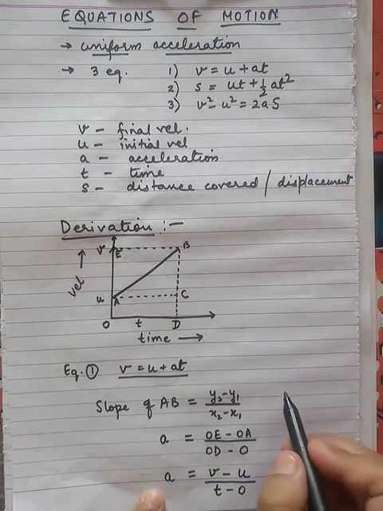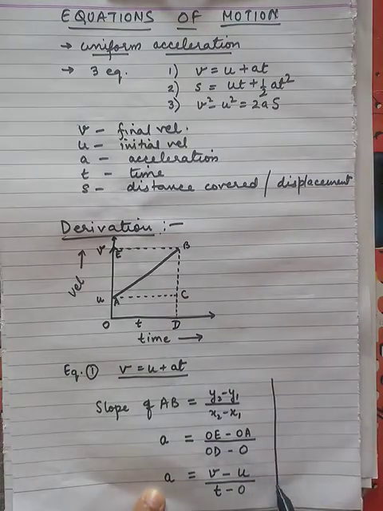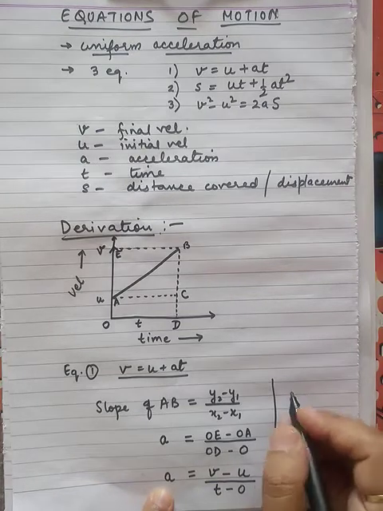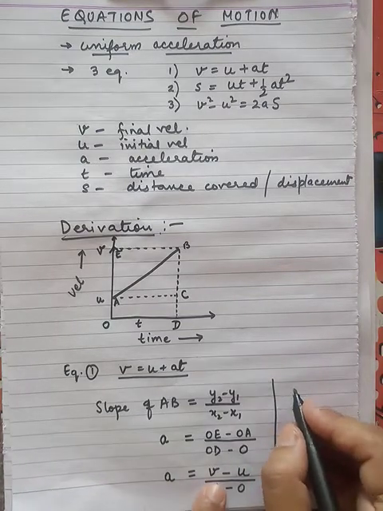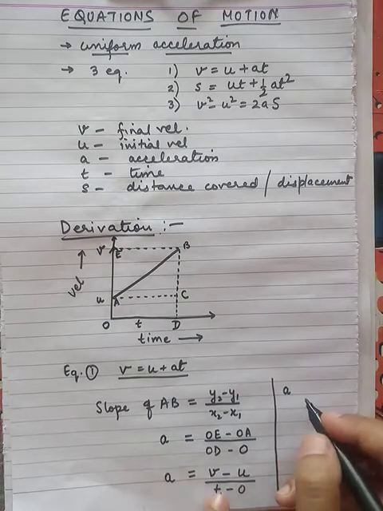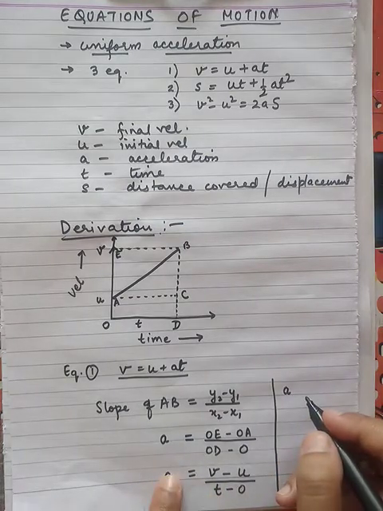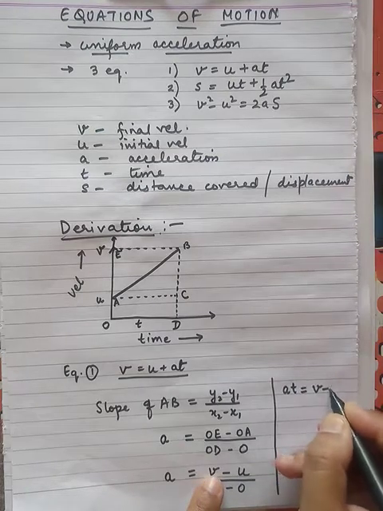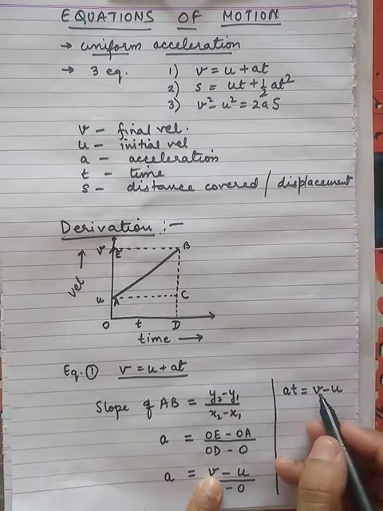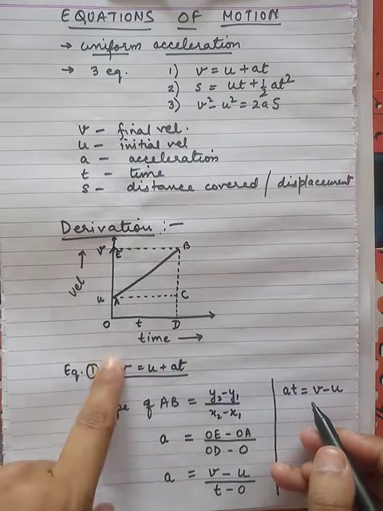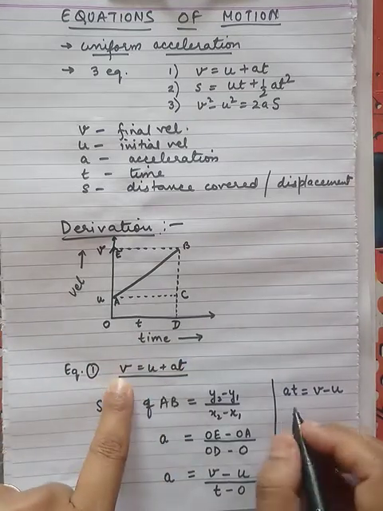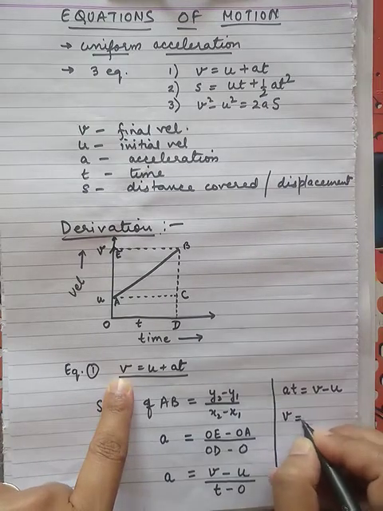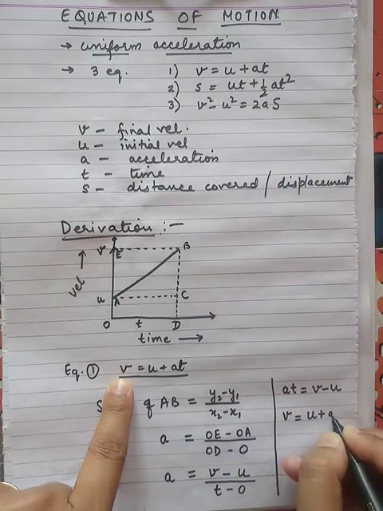This will give me the first equation. I am writing the equation over here itself just for understanding. The next step is A multiplied by T minus 0, which is T, is equal to V minus U. And what is the form of the equation? I hope you are getting it. Now U will come to this side, so V is equal to U plus AT.